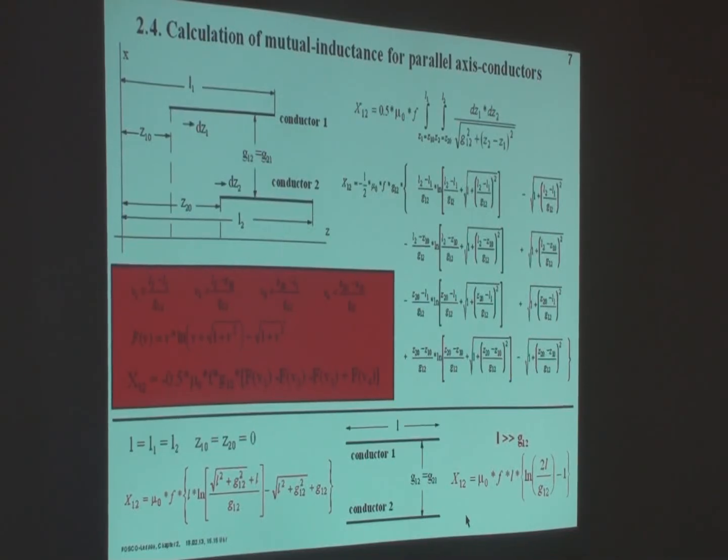Now you have this reactance, and you have to put together. X is x11 plus x12 plus x21 plus x22. This is x21 and this is x22. This is minus. Minus, I forgot. And minus. Okay.